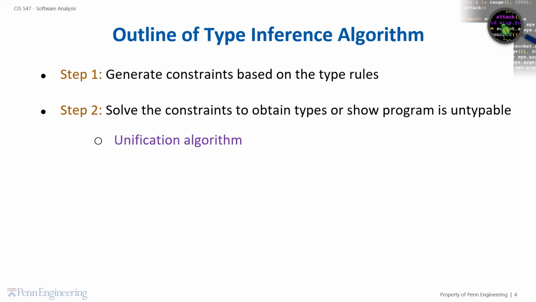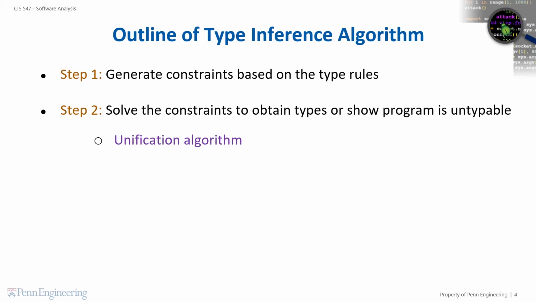Unification is highly efficient and runs in approximately linear time in the size of the input program. If the constraints can be solved, the solution will provide types for each program fragment, which in the case of a Lambda Calculus language is each variable and each expression. If the constraints are unsatisfiable, there is a type error and the program is not typeable.